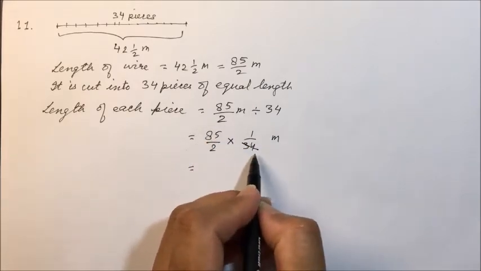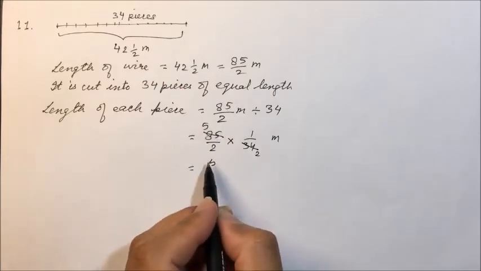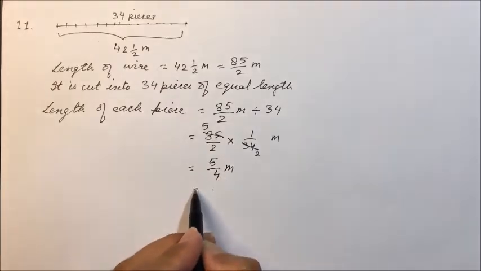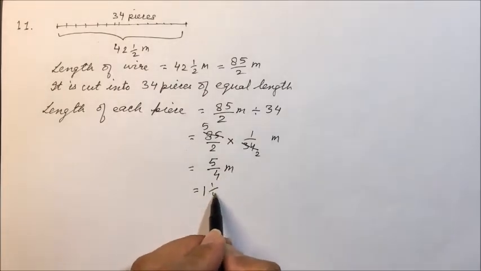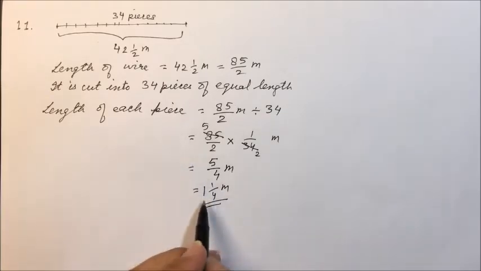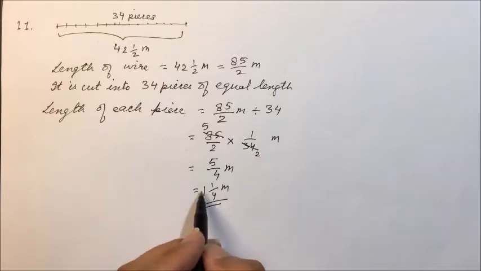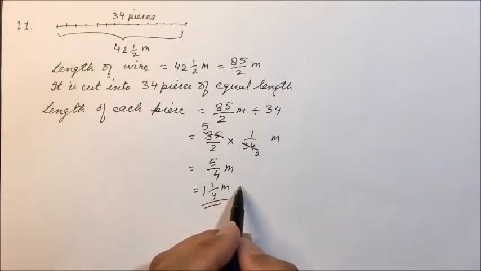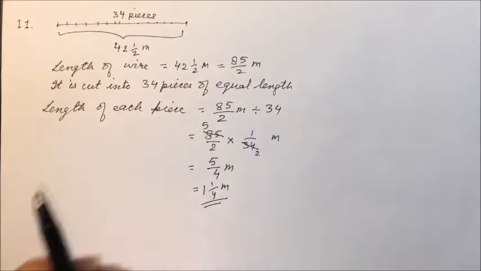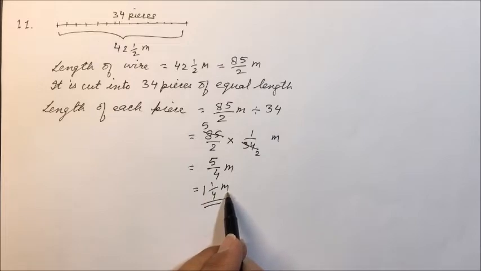Now 17 twos are 34, 17 fives are 85, it will be 5 upon 2 into 1 upon... so 1 upon 4 meter. So length of each piece will be 1/4 meters, and if we multiply this with 34, we will get 85 upon 2 meter, that is 42 1/2 meters. So length of each piece will be 1/4 meters.